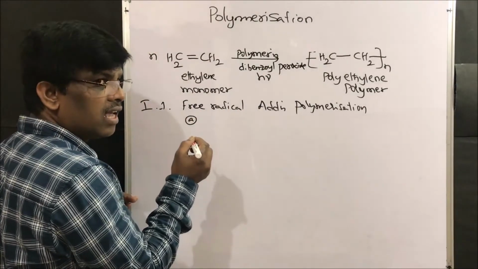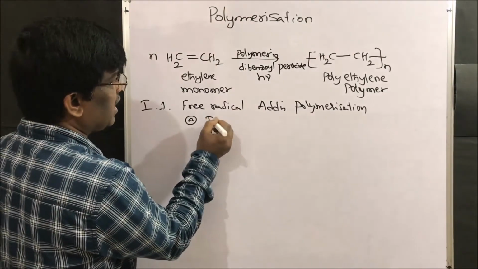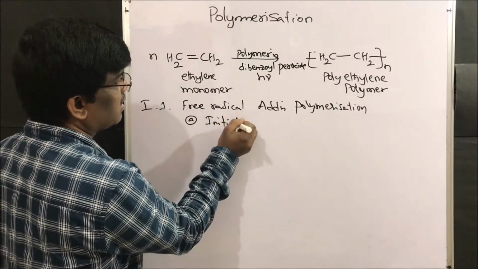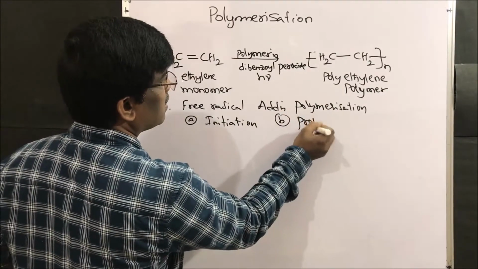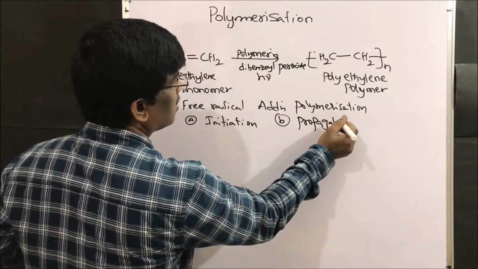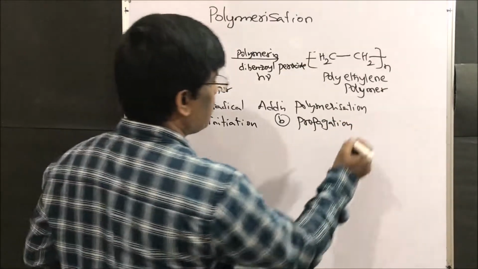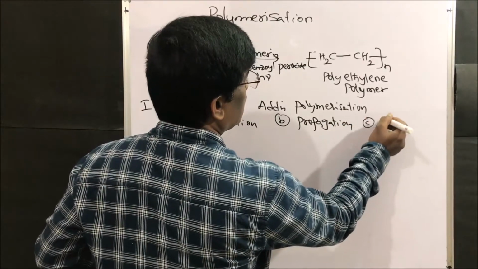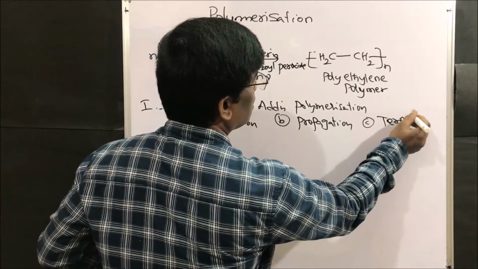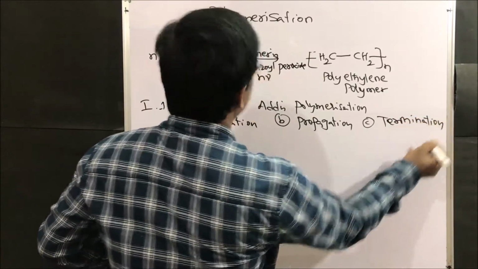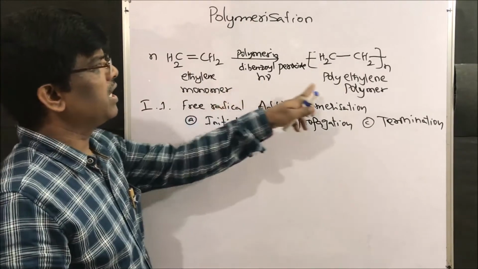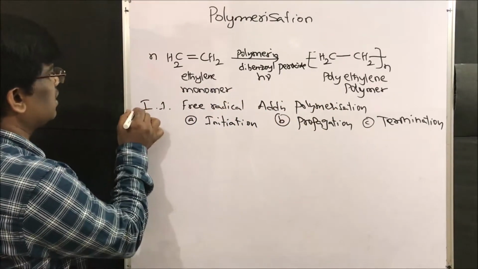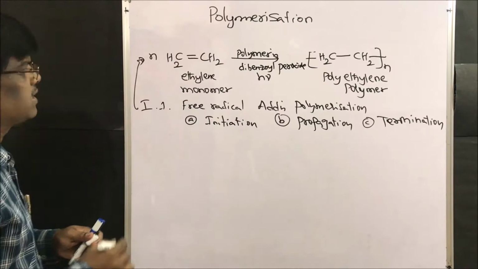First, initiation. Second step, propagation. And third step, termination. So this is the example. Ethylene upon polymerization gives polyethylene. So what is the mechanism?